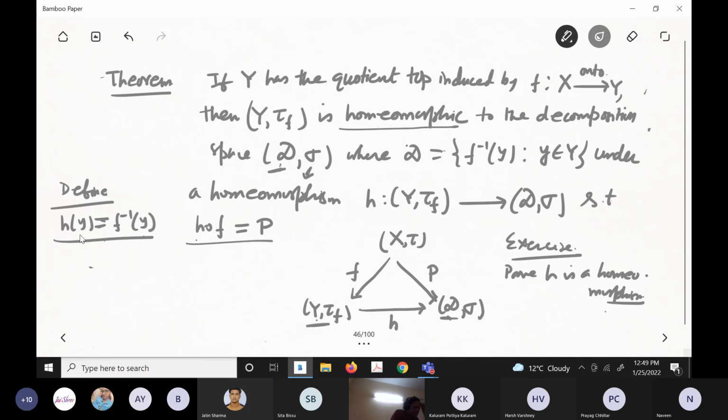So this is obviously onto. This is clear. And one to one: H(y1) equal to H(y2) implies f inverse y1 equal to f inverse y2.